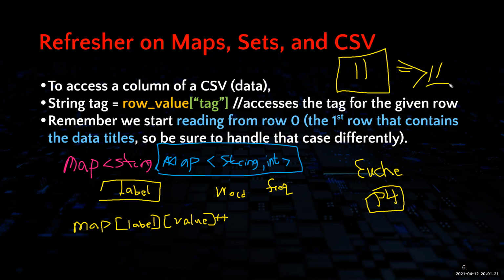If I want to figure out, I see the word euchre, how likely is it that it comes from this tag P4? The answer would be 0, because I would access this map with label P4, and then enter in the value euchre, and that would tell us 0. Which makes sense, right? The word euchre should never be referenced in a P4 Piazza post, maybe a misclick or something like that.